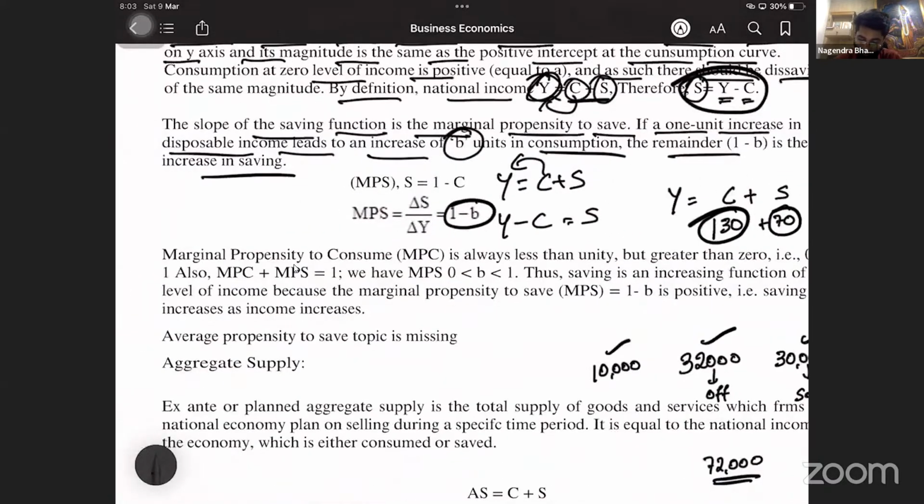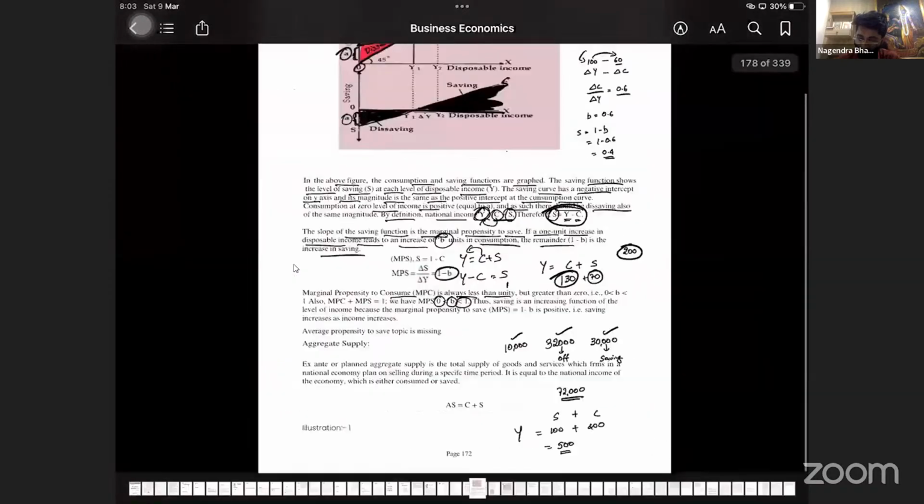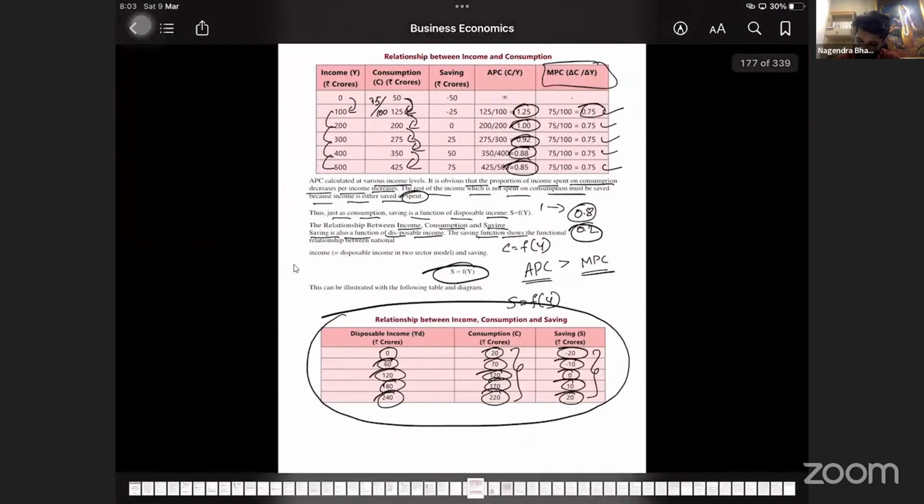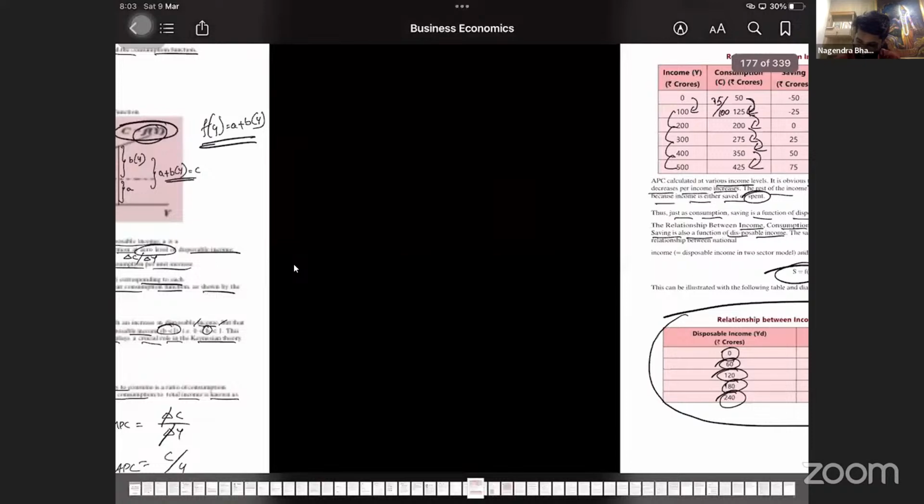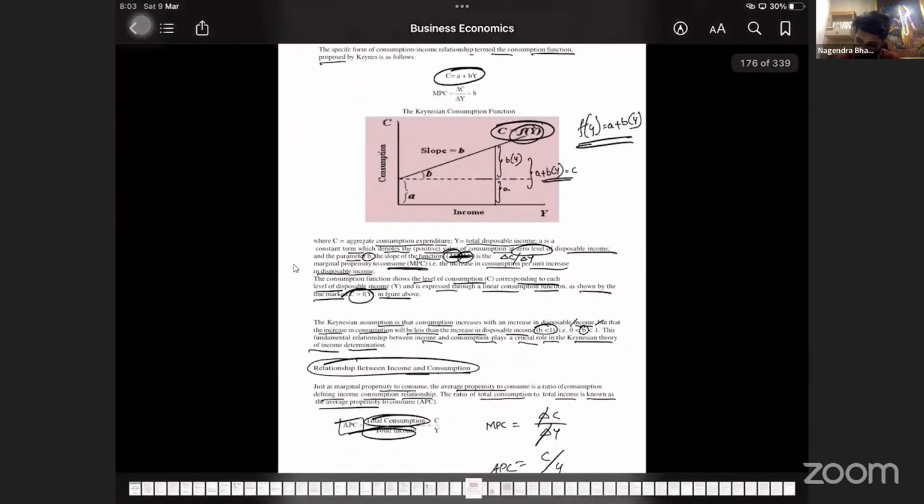So, marginal propensity to consume is always less than unity. Unity means 1. It is always less than 1. We discussed about this. See, 0 is less than B is less than 1.